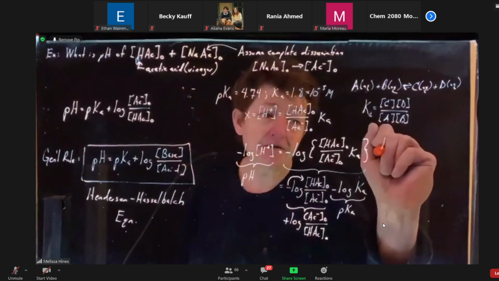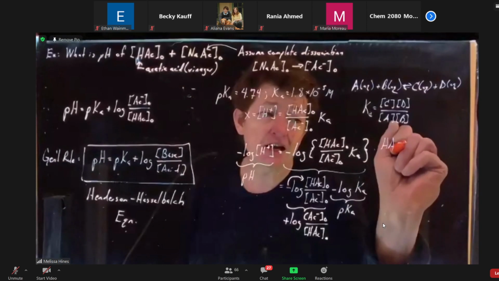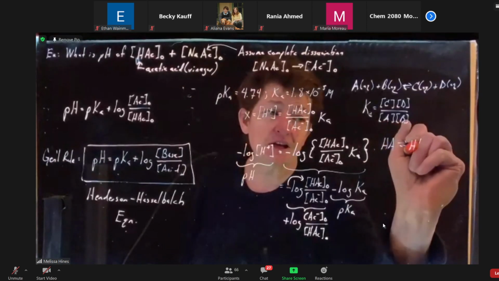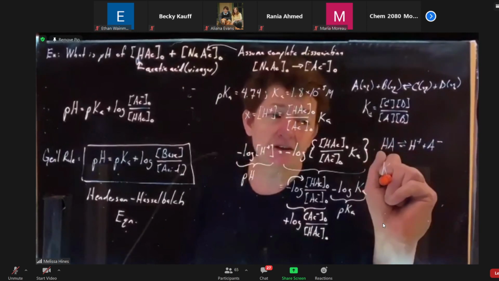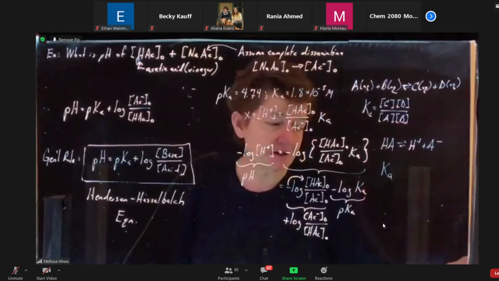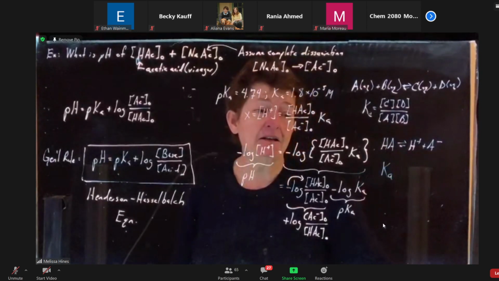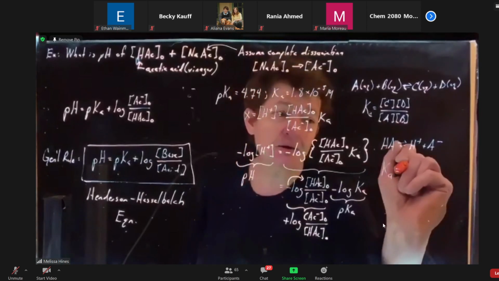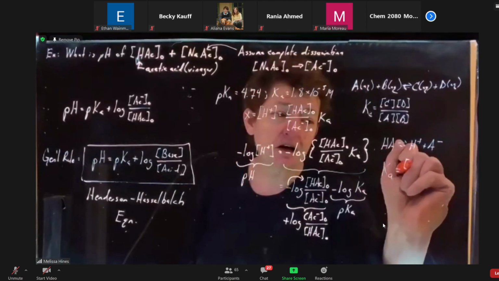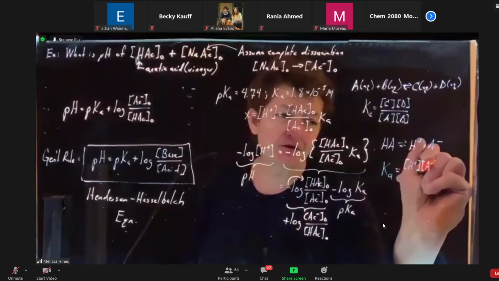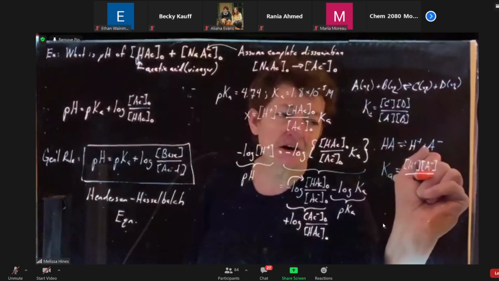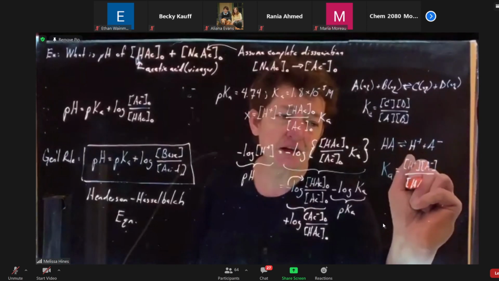But if I have, for example, HA in equilibrium with H plus and A minus, then I am going to have an equilibrium constant, which in this case is a Ka, and Ka is going to be equal to the concentration of protons times the concentration of A minus divided by the concentration of HA.